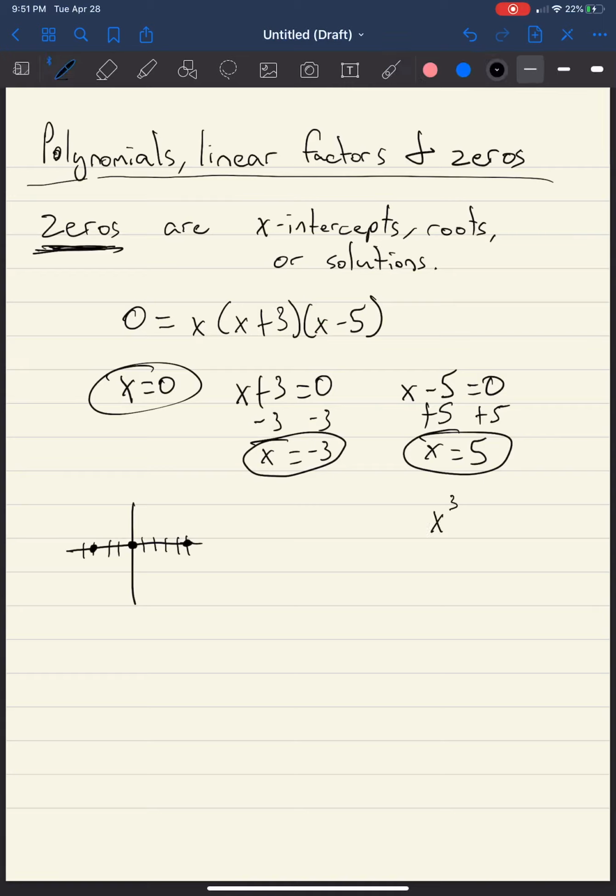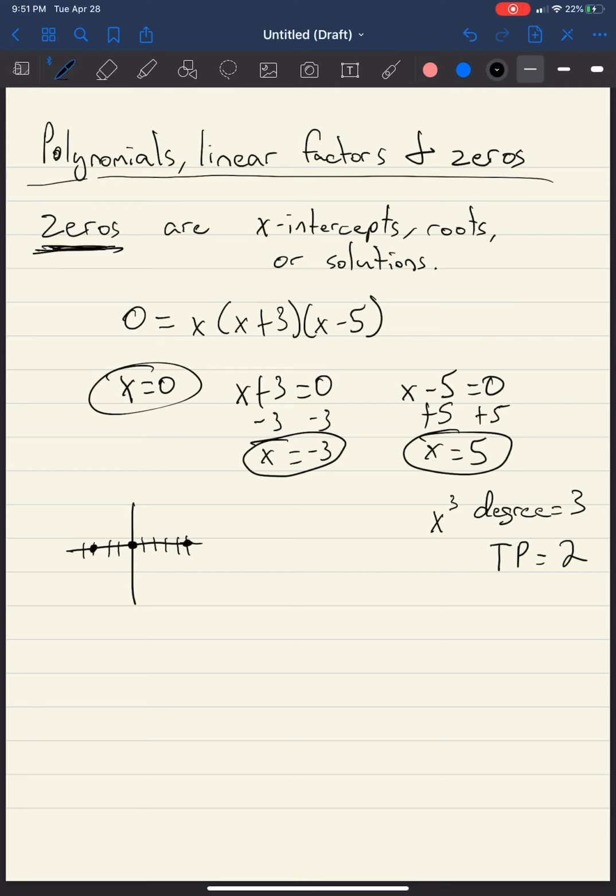So I know that my degree is equal to 3. Since we know our degree, we can find out how many turning points we have. In the last video, we said the number of turning points is equal to the degree minus 1. So 3 minus 1 is 2.